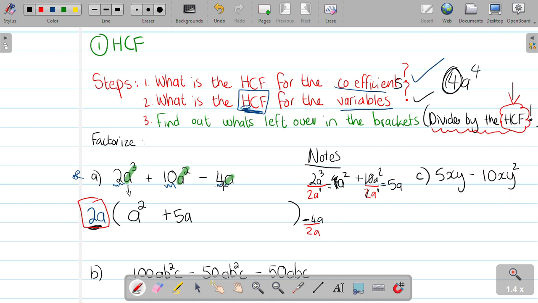And then lastly, you take minus 4a, divide it by your 2a, and you are going to get minus 4 divided by 2 is minus 2, and a divided by a is imaginary 1 times 1. So it basically goes away because you get the same answer. So you take your minus 2 and put it in there. So minus 2. And that, guys, is how you do the HCF method for factorizing.